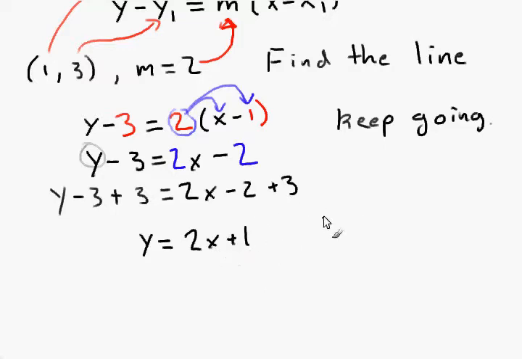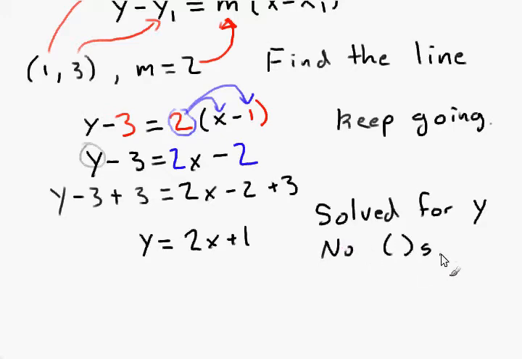That's cool. And this is solved for y, and there's no parentheses. Got rid of the parentheses that were here. So what's this telling us? Well, what if x was equal to 0.